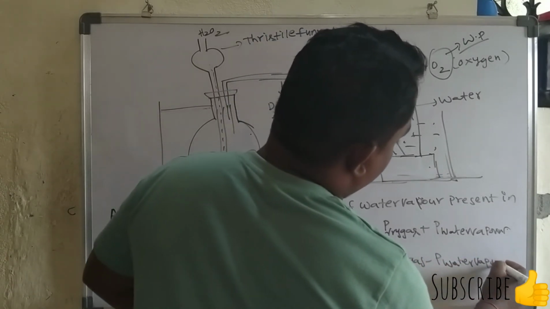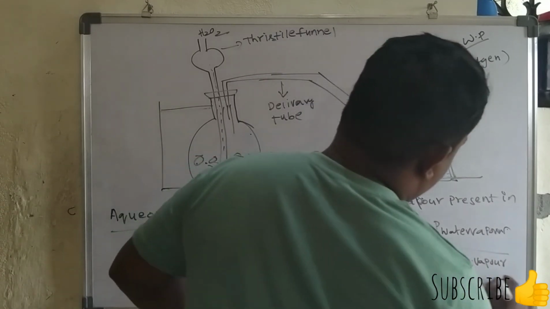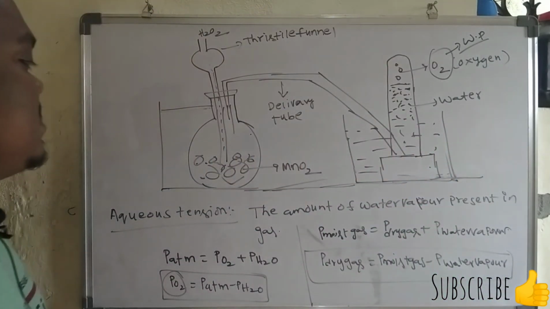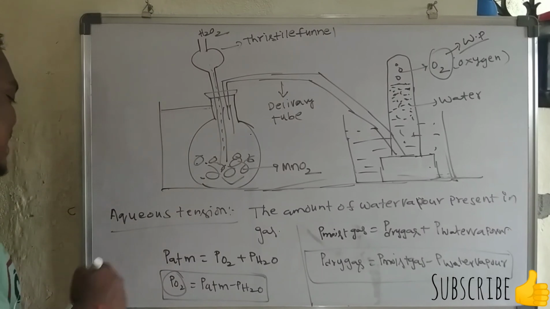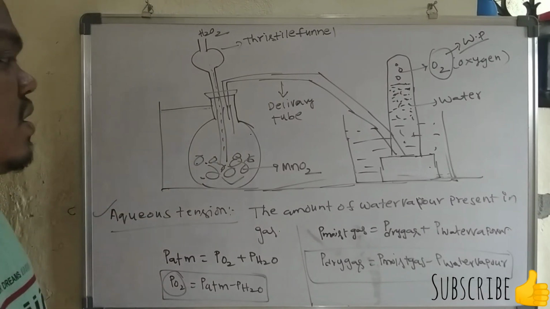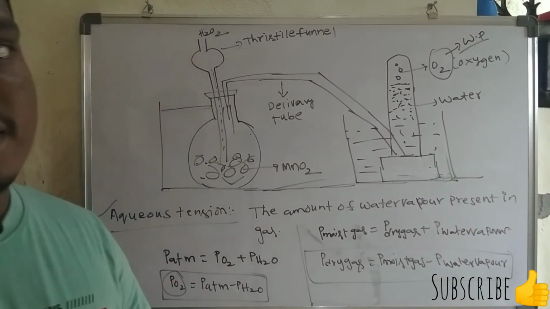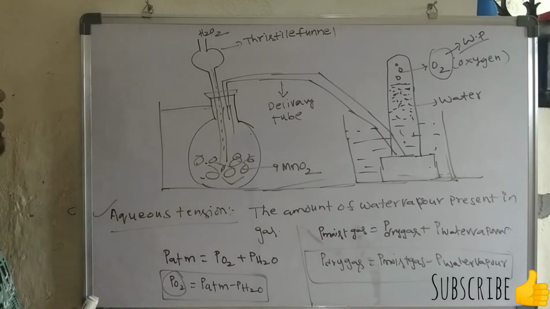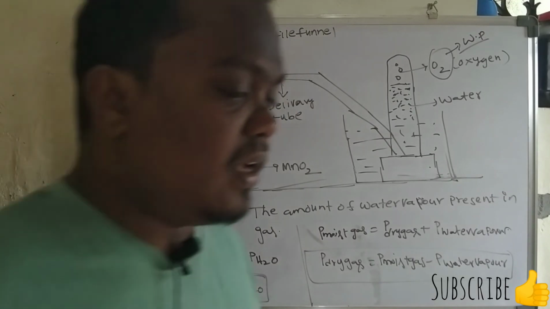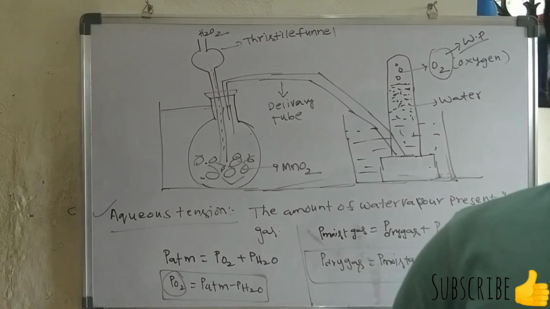This is the main application of Dalton's law of partial pressure, that is aqueous tension, the amount of water vapor present in the gas. Okay, right. So this is about Dalton's law and its applications.